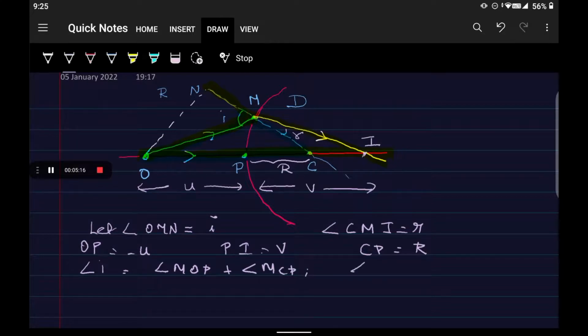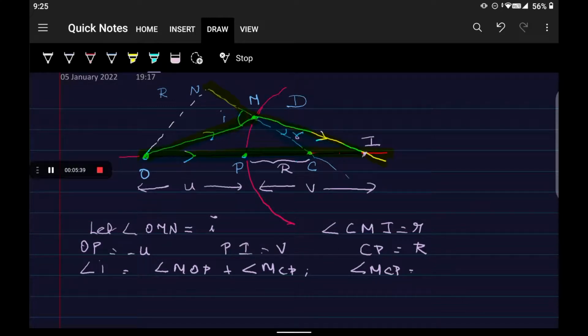Now I want to know what angle MCP is. For this angle MCP, again I can apply the exterior angle property. If I want to find angle MCP, it will be equivalent to the sum of the exterior opposite angles, that is angle R and angle MIP.